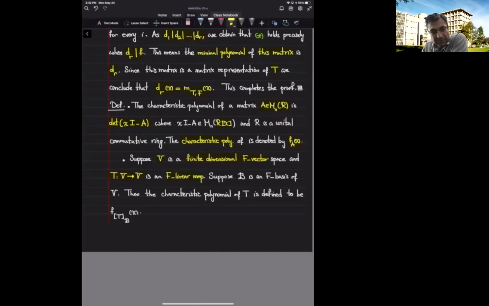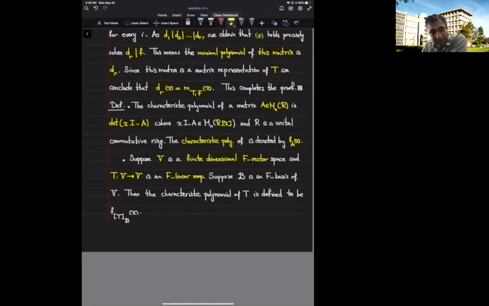I want to define determinant of T. I want to define not only determinant of T, but also the characteristic polynomial of T. We have defined it at the level of matrices. Now let's see how far we can go at the level of linear transformations.